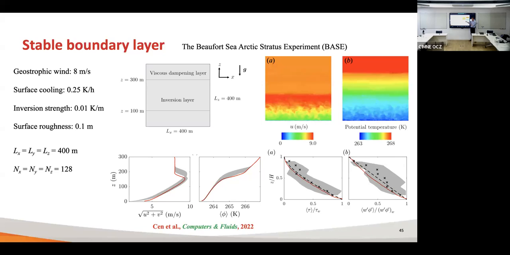If you don't do that, what you get is pretty much a gradient, and you don't have this low-level jet formation. Again, qualitatively and quantitatively, the results agreed quite well with the experimental data as well as the numerical data from other researchers highlighted in the gray shaded area.